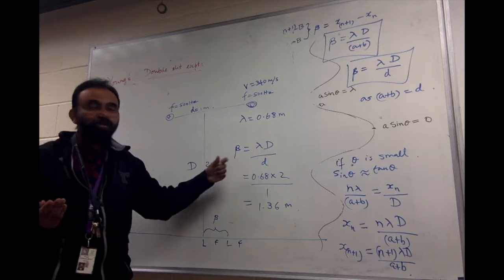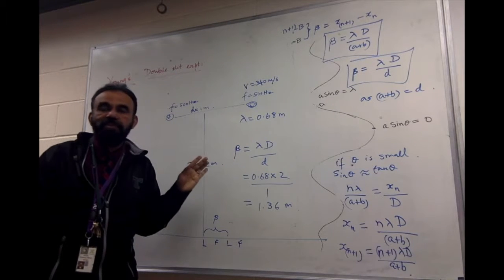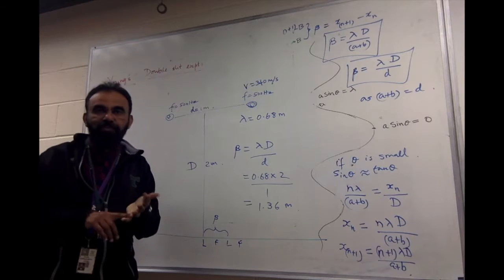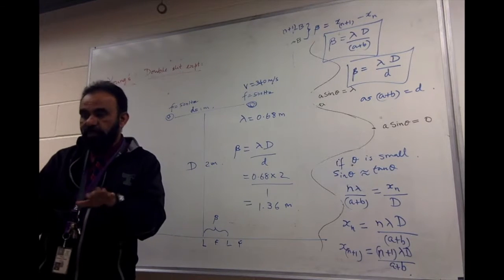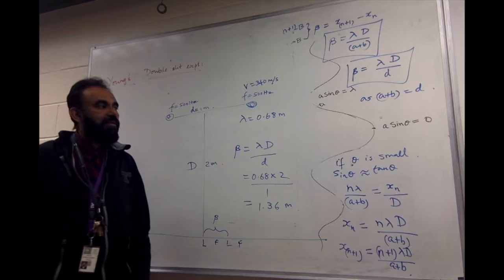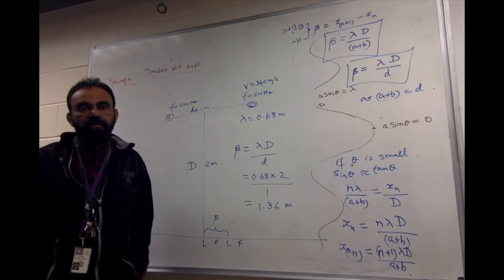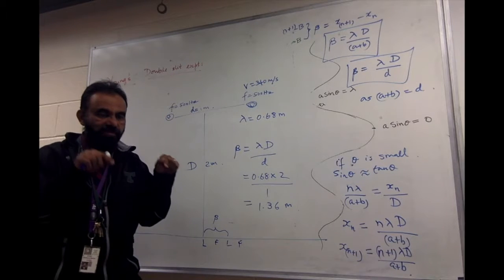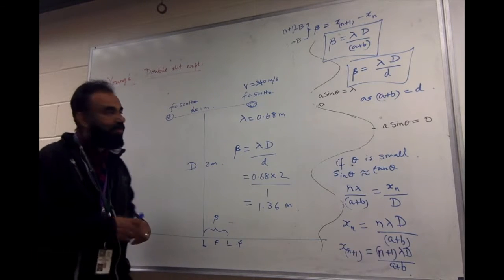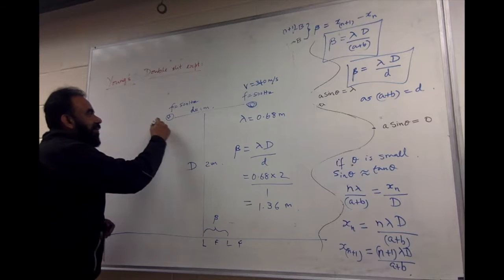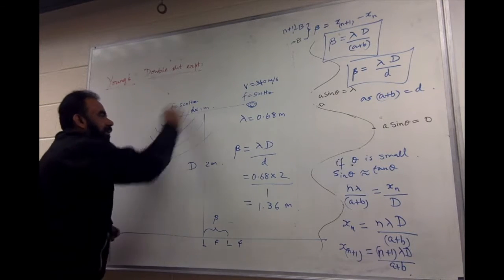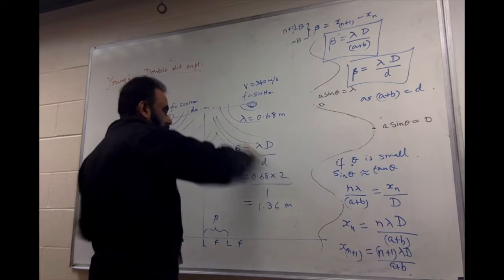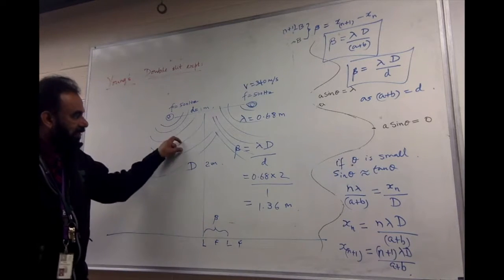So this equation can be used for waves in general. It doesn't have to be only for light. It can be applied even for water waves. Ripples. Suppose I create ripples from here, and ripples from here. That's a wavelength.